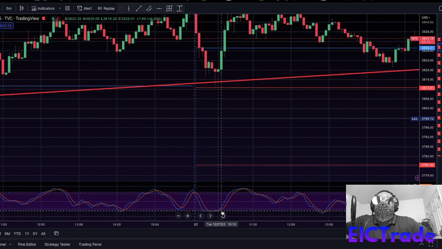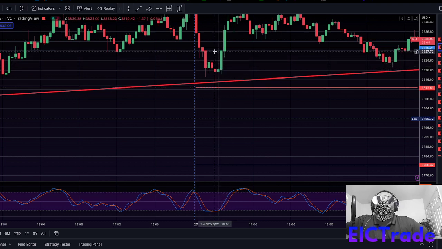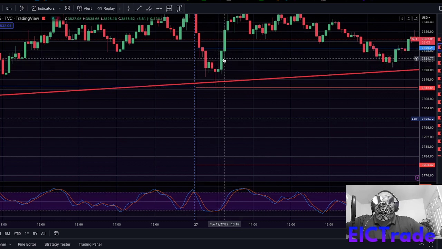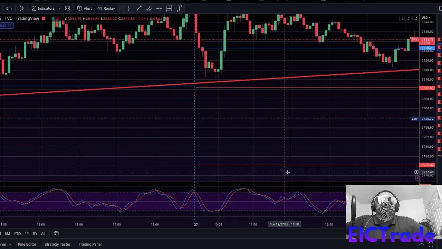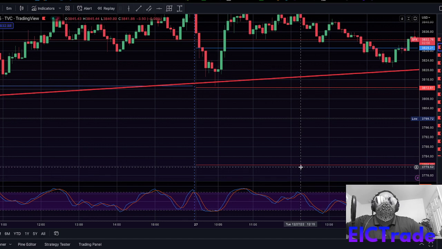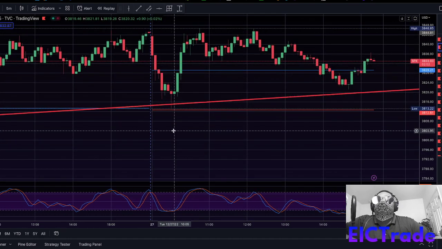So what I had here is an entry back into the middle zone of the stochastics, and I had a long green bar. So I placed a trade on this bar for a put somewhere down in the 3700s. I forget exactly where. I think it was like 3780 or something. Placed a trade right there.